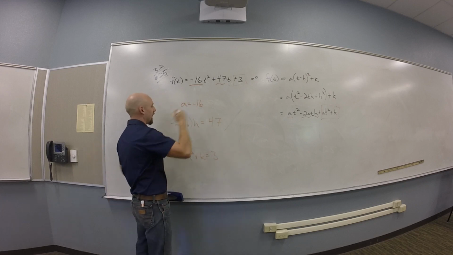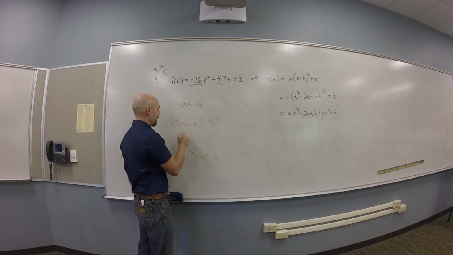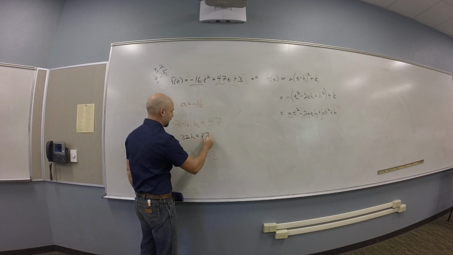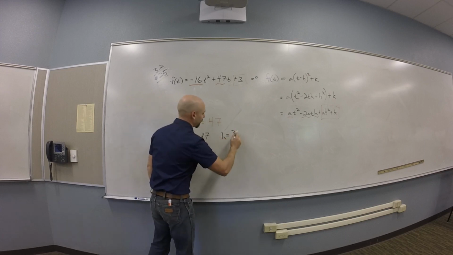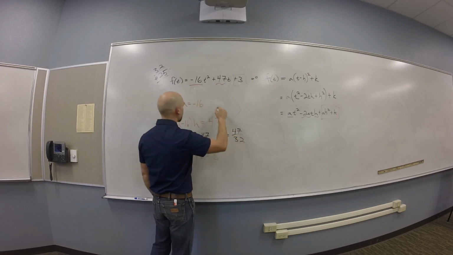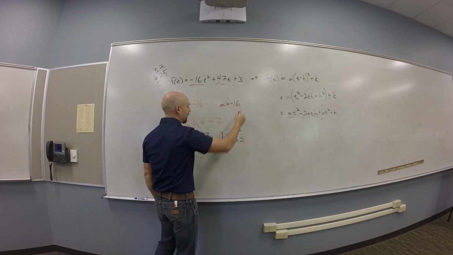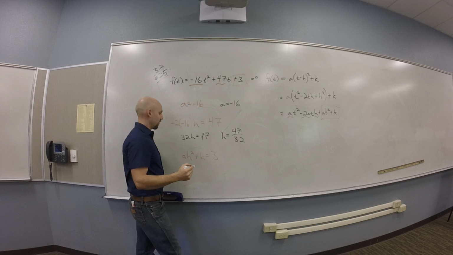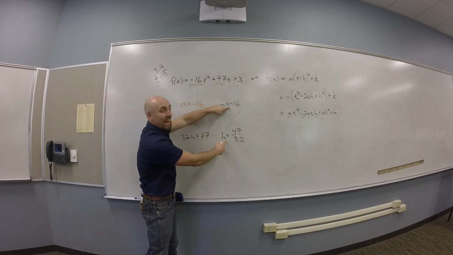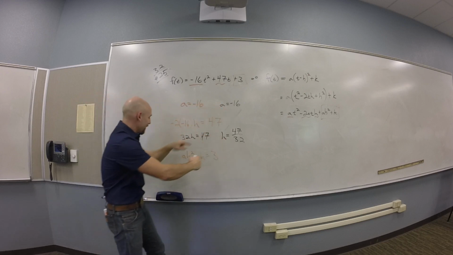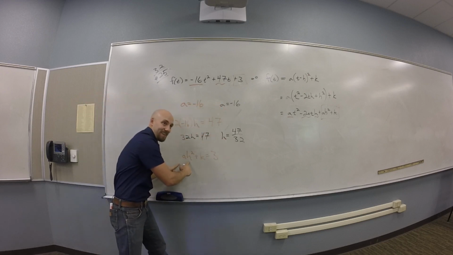From this one, I know that 32h is 47. You know that h is 47 over 32. And I know that a is negative 16. Take these and plug them in down here.